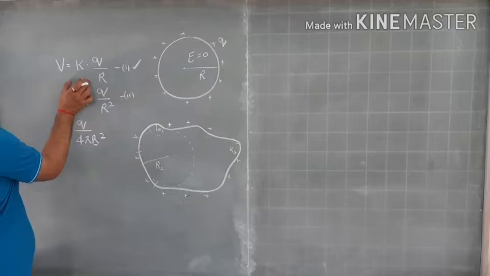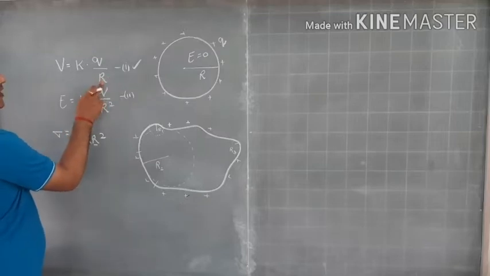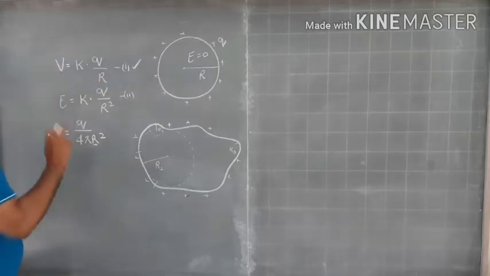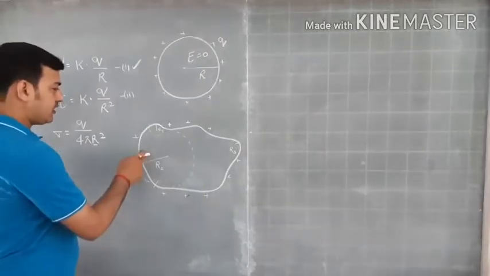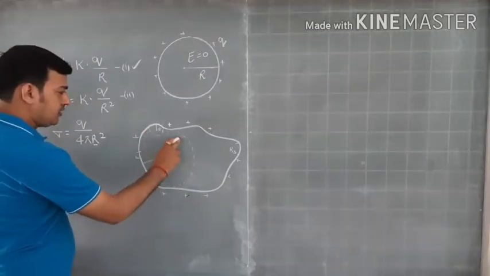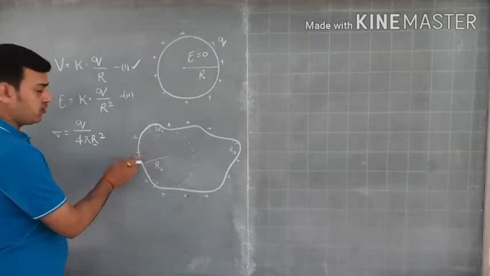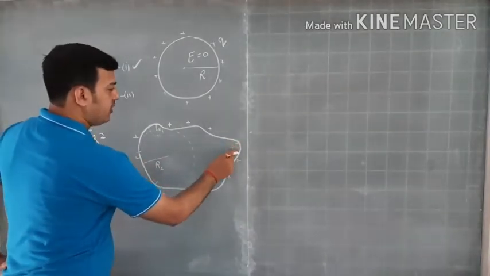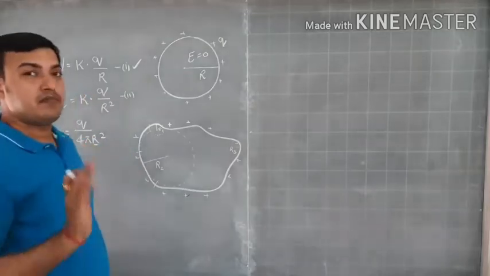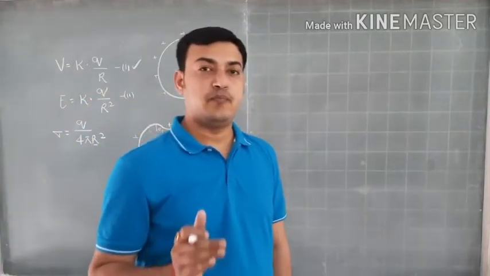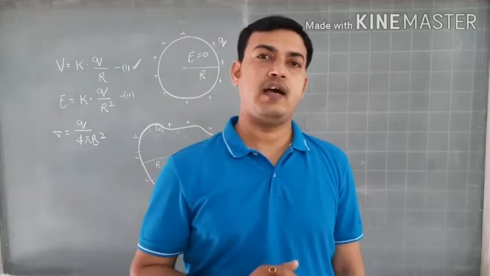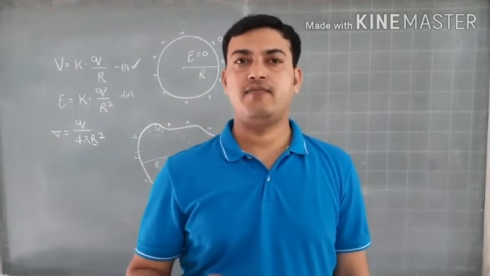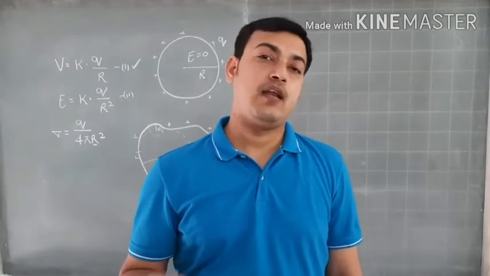The potential says that if the radius is low, the potential must be very high. So in that case we can say that here the radius is large, so the potential is low here, and here since the radius is very small, its potential must be very high, and for the potential to be very high, the charge on that surface must be very large.